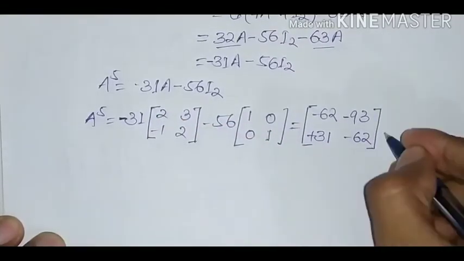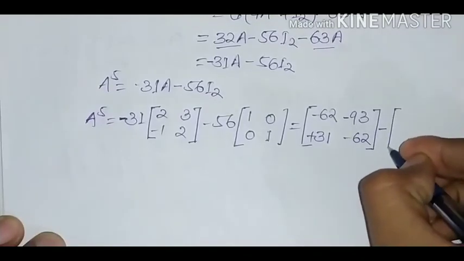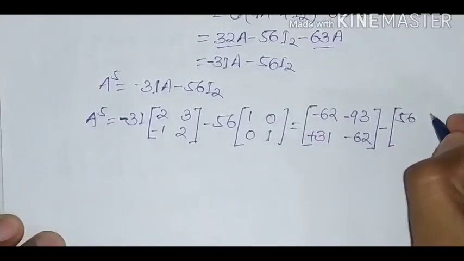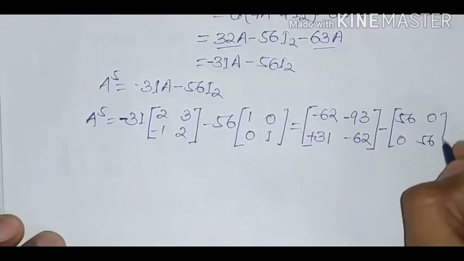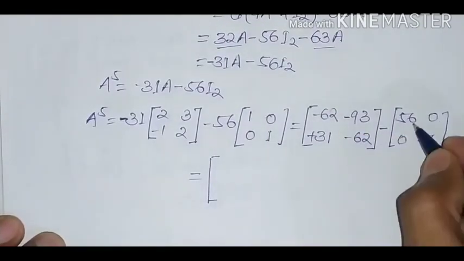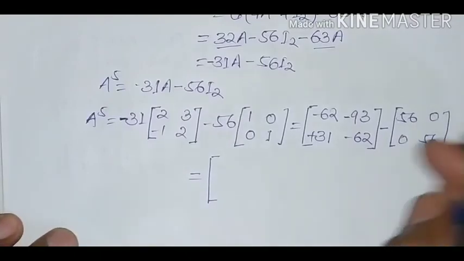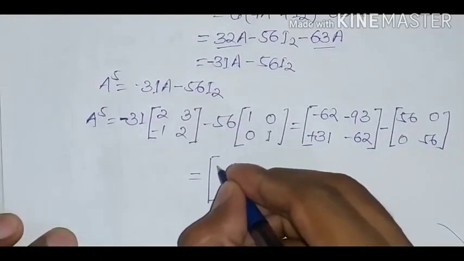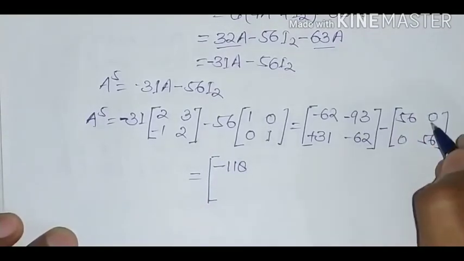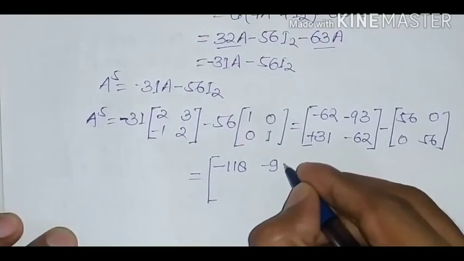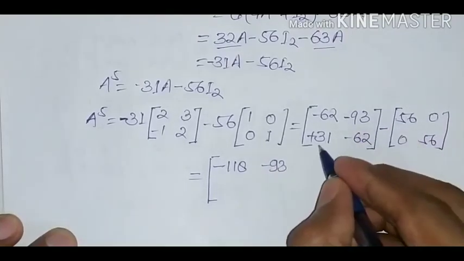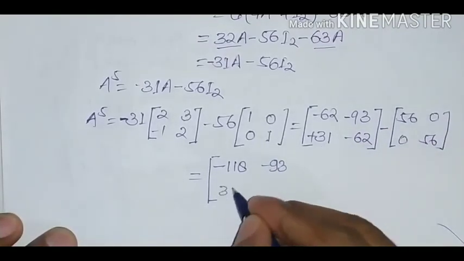Again minus 56, then 56 is going to multiply each term of this matrix, then it will be 56 0 0 and 56. Now minus 62 minus 56 will be minus 118, and minus 93 minus 0 will be minus 93, and 31 minus 0 will be 31.